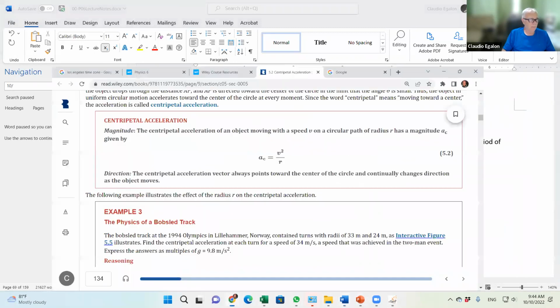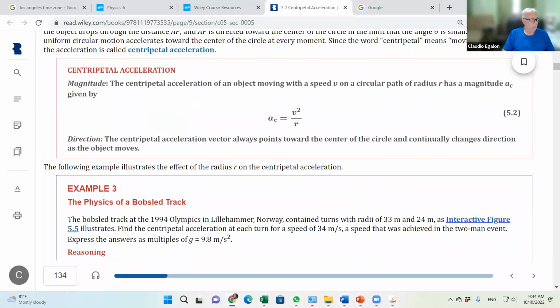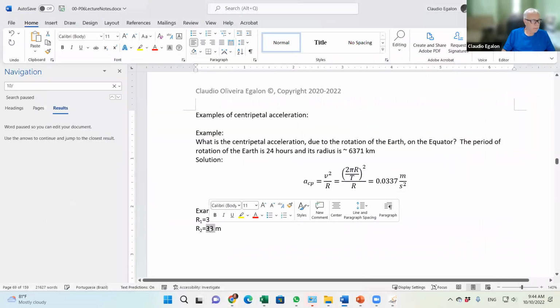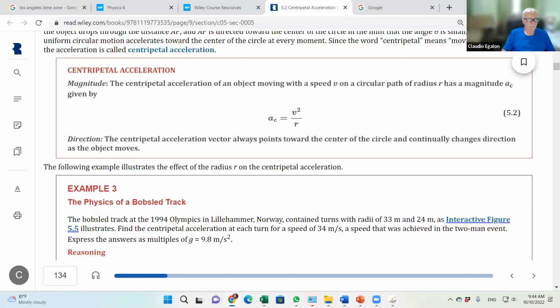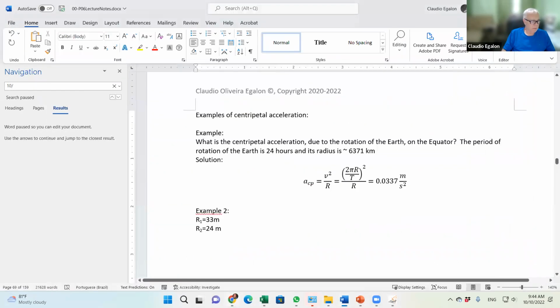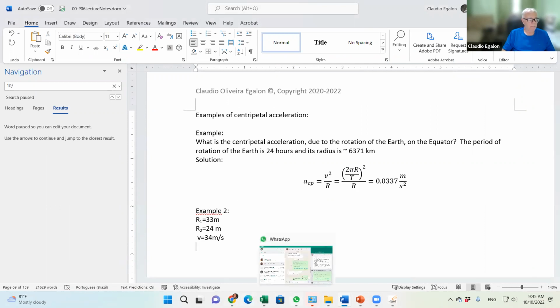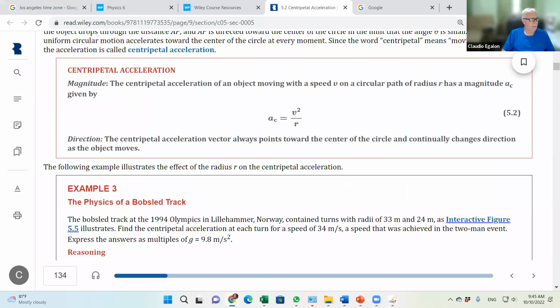What's the other radius? 24 meters. The speed is what? 34 meters per second. Right? So here we go.